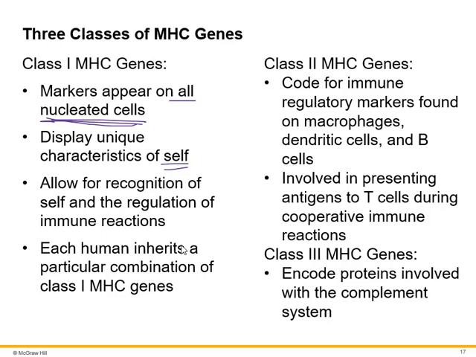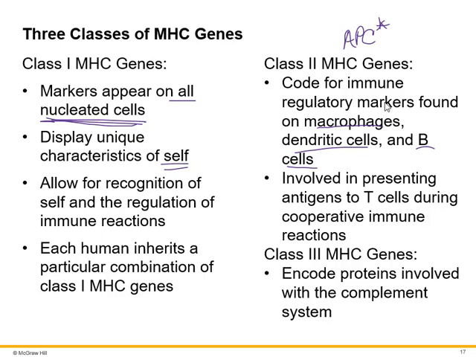So class 2 MHC genes are found only on the antigen presenting cells, which are the macrophages, the dendritic cells, and the B cells. All of these cells are nucleated, so they also have MHC1.